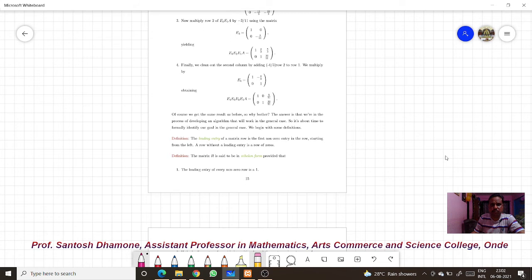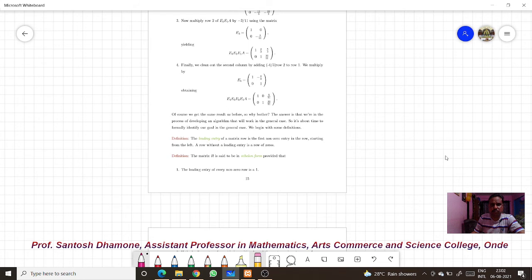Next definition. The matrix R is said to be in reduced echelon form if A, R is in echelon form, and B, each leading entry is the only non-zero entry in its column.